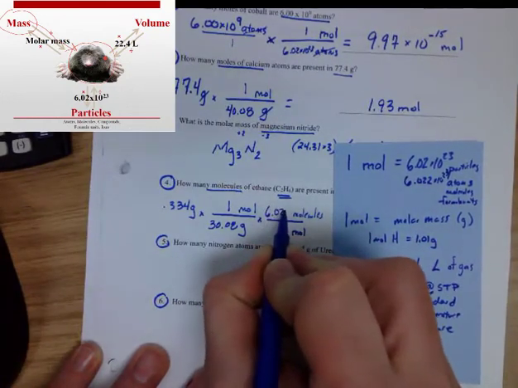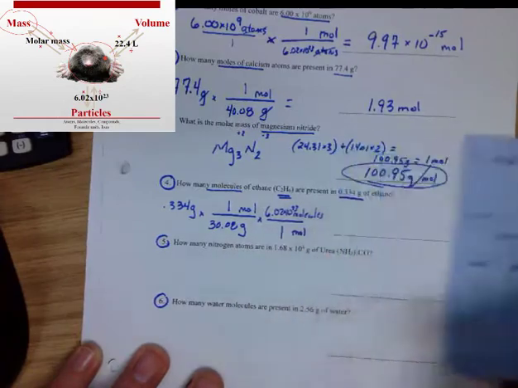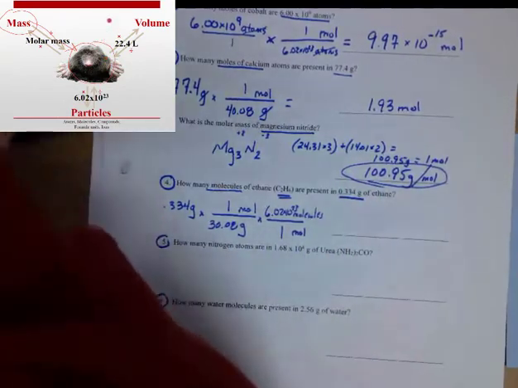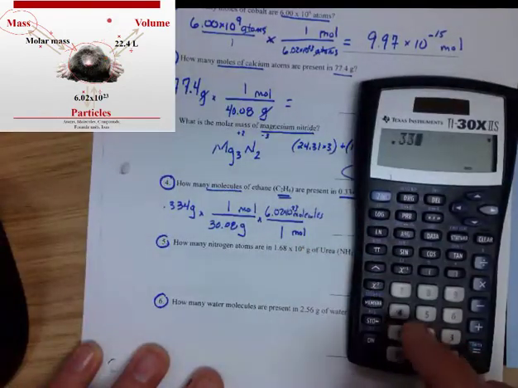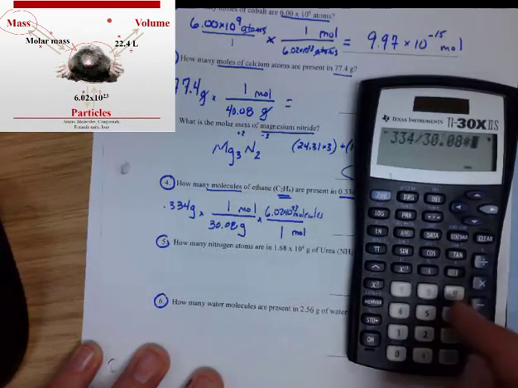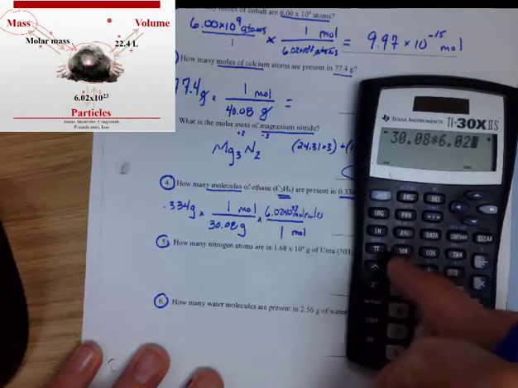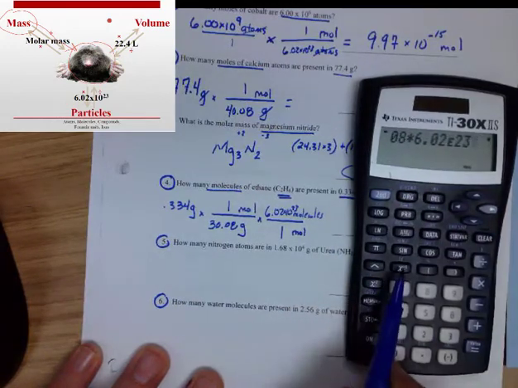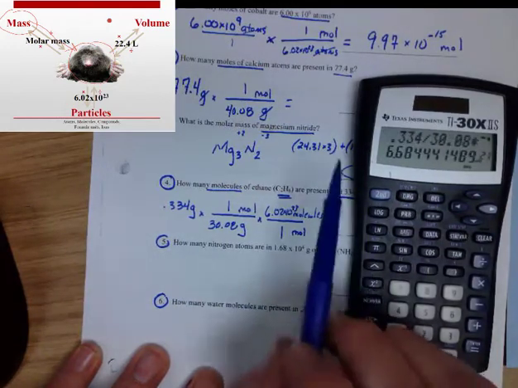So it's 6.02 times 10 to the 23rd molecules. And the math I'm doing in my calculator, 0.334 divided by 30.08 multiplied by 6.02 times 10 to the 23rd. Notice I used my EE button that time.